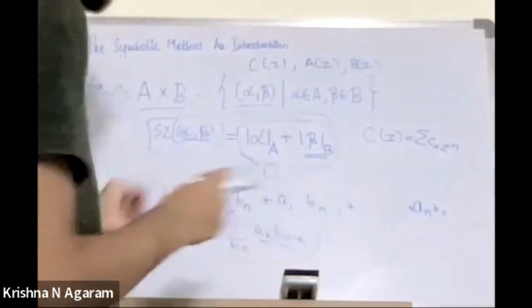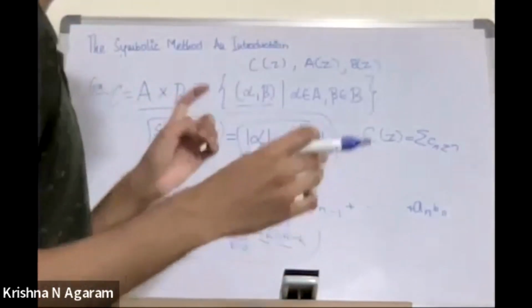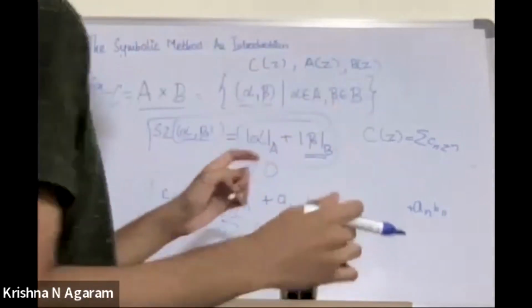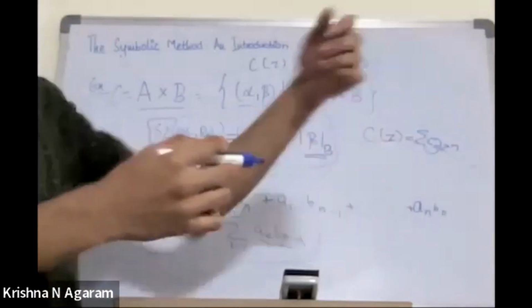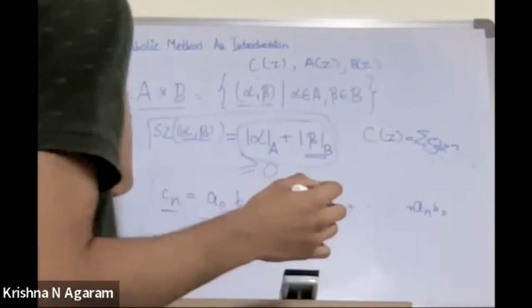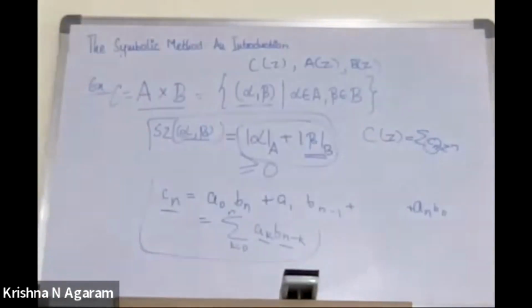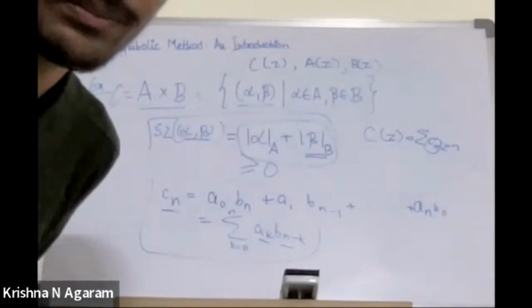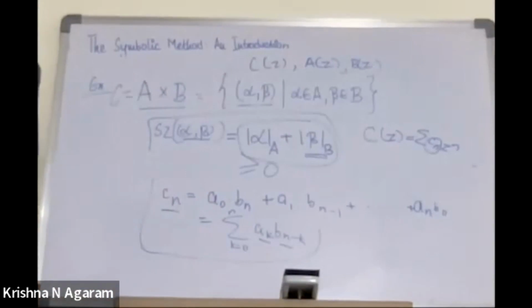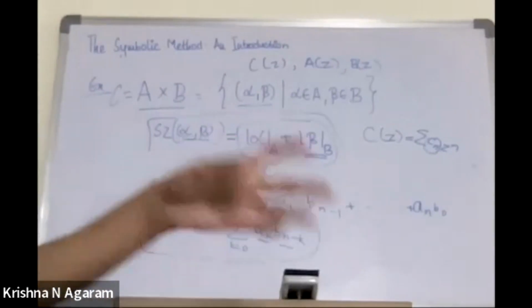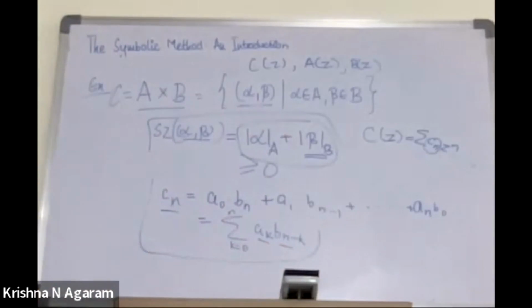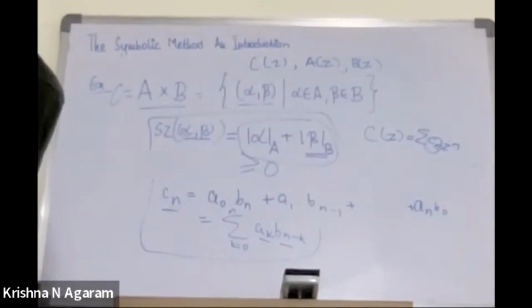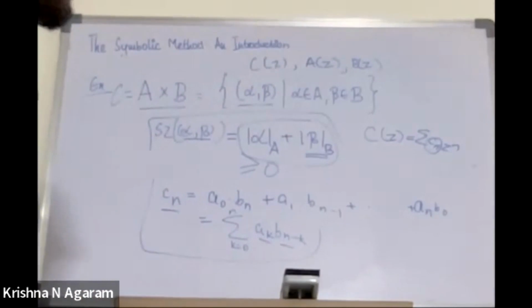Because note that the encoding of a class into its generating function exactly tells you how many elements there are of every size. Because from a generating function, you can pull out every coefficient. But the structure of each element of the class is lost, because you only know how many there are of each size. But in counting problems, you only care how many of them there are. You don't care what they are. So it's all right. Yeah.